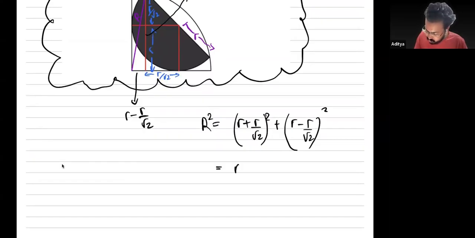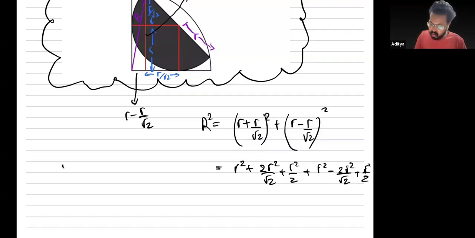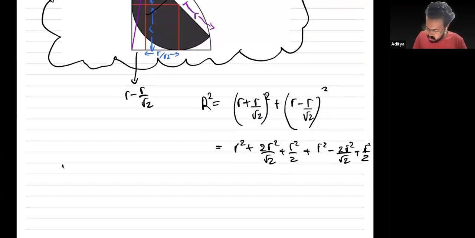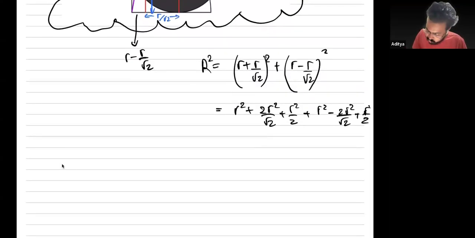If you evaluate this, you get r square plus 2r square by root 2 plus r square by 2, plus r square minus 2r square by root 2 plus r square by 2. This comes from the a plus b the whole square, a minus b the whole square identity. You get rid of the cross terms, and you have in the end 3r square. Capital R square is equal to 3r square.